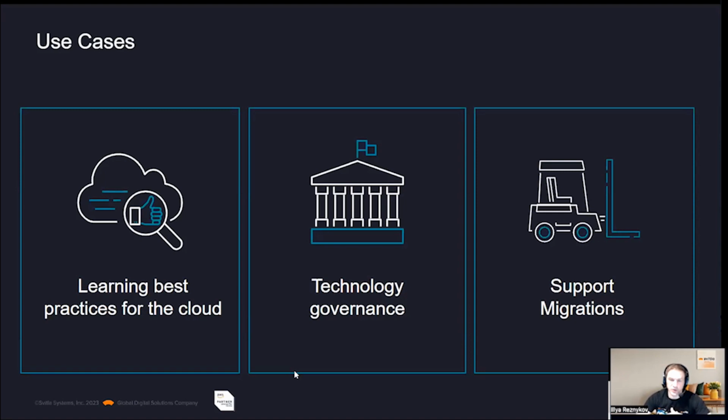And another, I guess very important, use case for well-architected framework reviews is that it could be used to support migrations. We know that usually migration is separated into 3 stages: assess, mobilize, and migrate. At the assess phase, we may use a review in order to understand the current state of a particular workload.